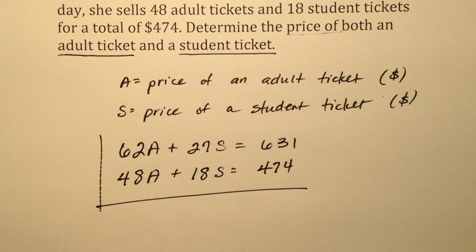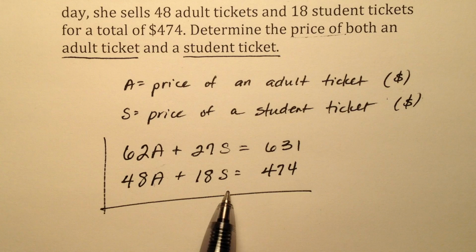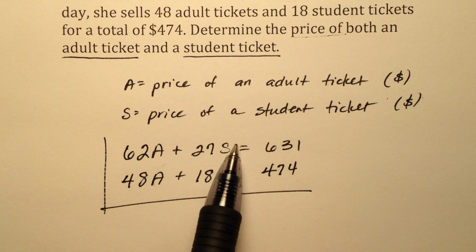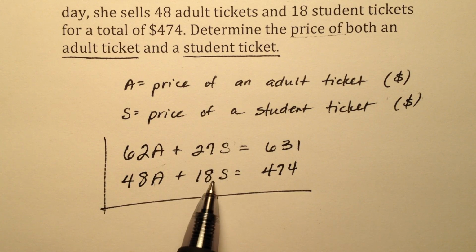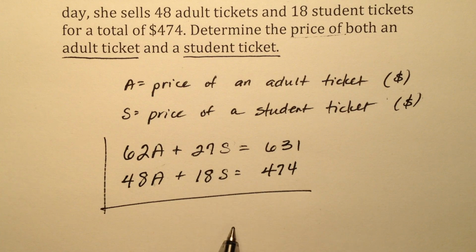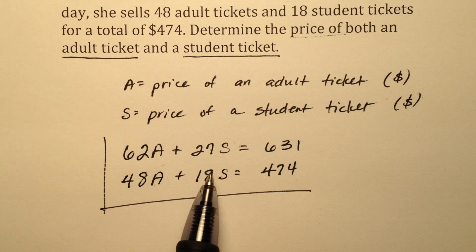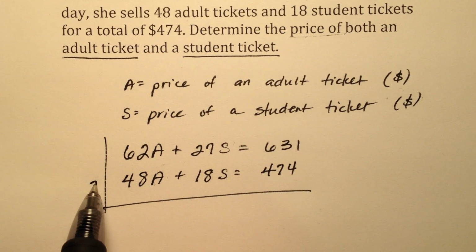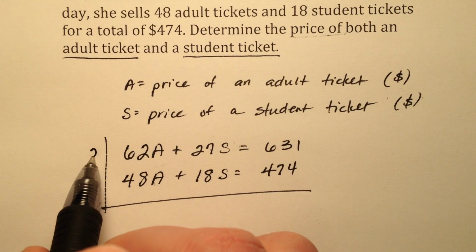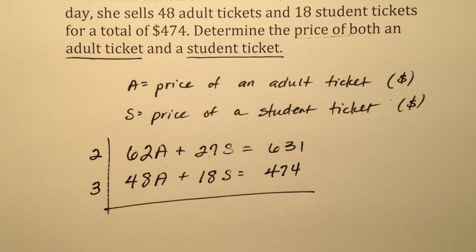Okay, so now I have this system. The numbers are pretty big. So it looks like to me elimination is going to be the way to go. And it looks like the S's, well, 18 and 27, well, 18 is 9 times 2 and 27 is 9 times 3. And by looking at these, it looks like 54 is the least common multiple because I can do 18 times 3 to make 54 and 27 times 2 to make 54.